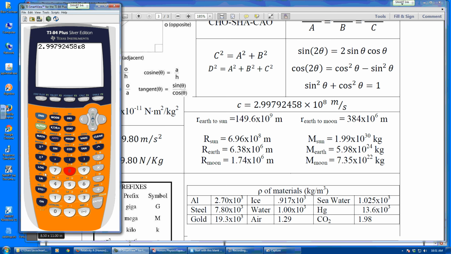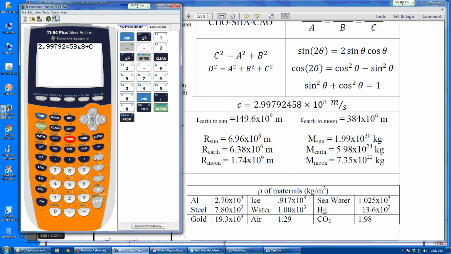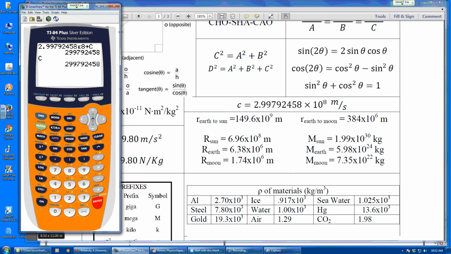And then I'm going to hit the store button, which is right down here above my on button. And then I'm going to hit alpha program, which gives me the letter C. In fact, I'll turn on my key presses. And then hit enter. Now that number is stored as the letter C. So anytime I type in the letter C, it understands to think that. Yeah, alpha C.